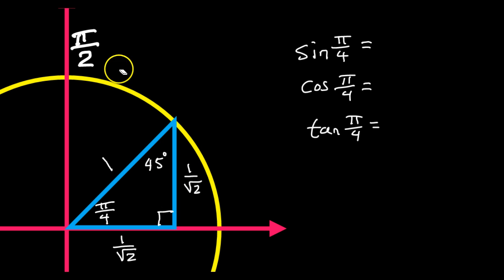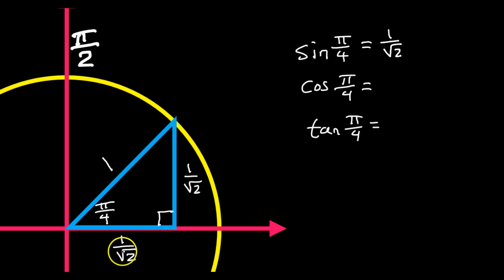Now focus on this angle right here, the reference angle, and we want to find the sine, cosine, and tangent of that angle. That's the goal of this video. The sine function is opposite leg over the hypotenuse. Since the hypotenuse is 1, it'll just be 1 over radical 2.